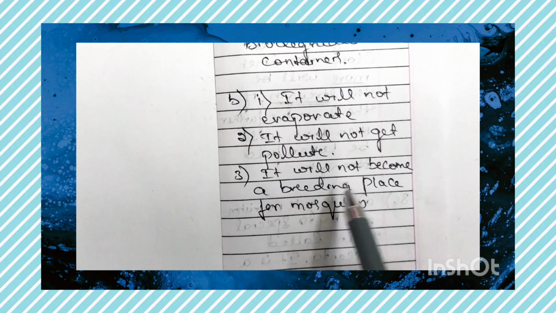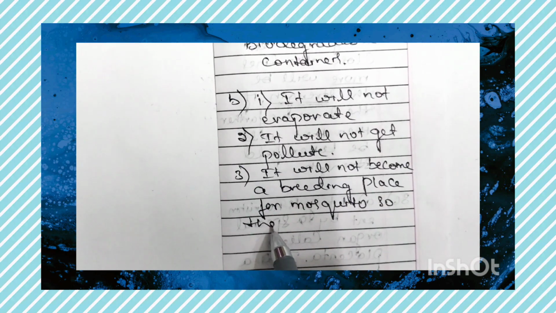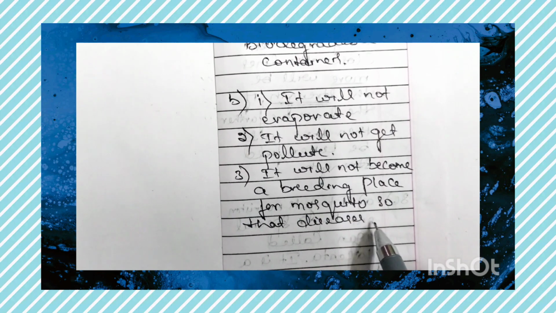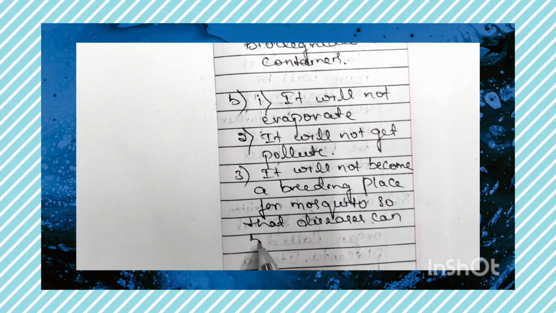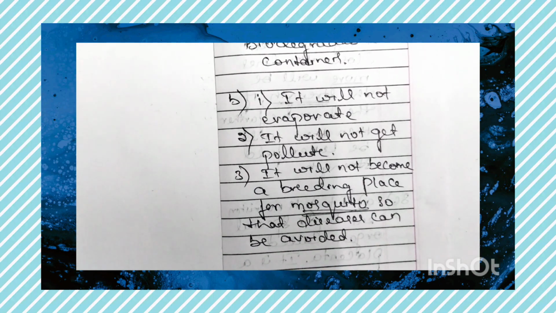So it will not become a breeding place for mosquito, so that diseases can be avoided. Diseases such as malaria, chikungunya, dengue, all these mosquito related diseases can be avoided. So like this we can list advantages of underground water.